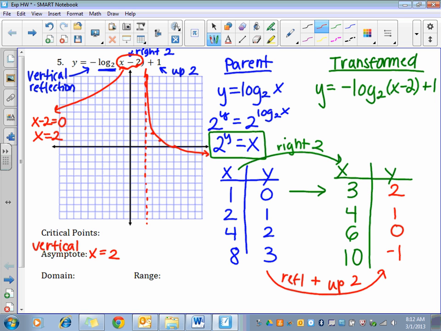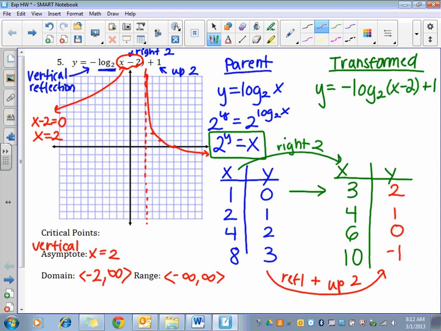Looking at my graph now, we can just fill in some of the rest of the information. The domain of this graph goes from 2 to infinity. Since there's nothing on the left-hand side, it's undefined there, because you would try to evaluate a logarithm of a negative number or a number that equals 0. You can't do that. The range, however, is all real numbers.